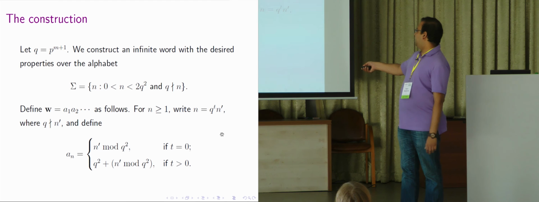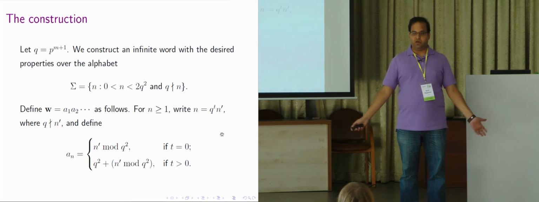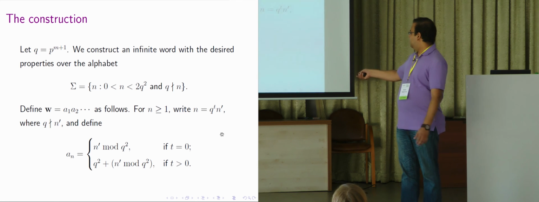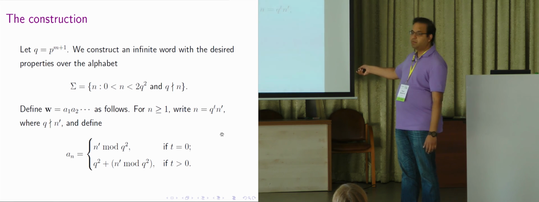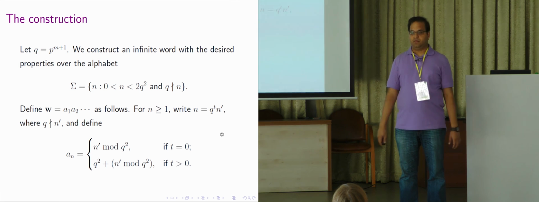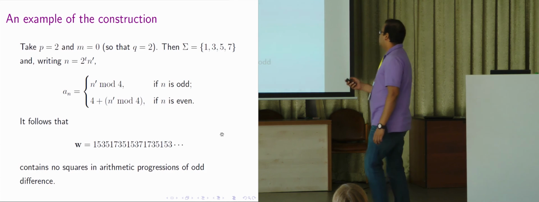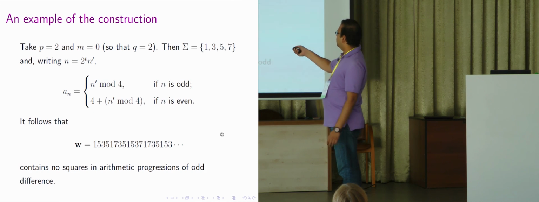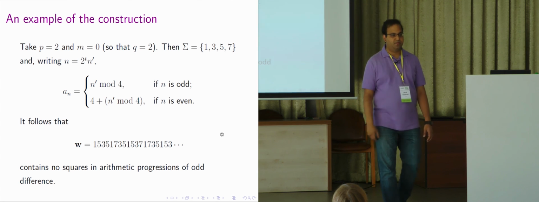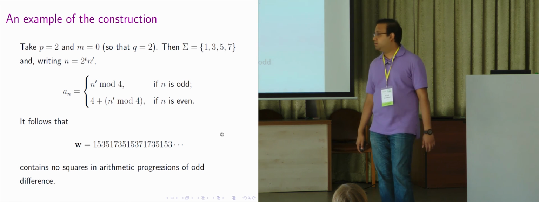If n is not divisible by q, we just take n mod q squared. If n is divisible by q, then we take n prime mod q squared, and then we shift by q squared. So that's the construction. This is what it looks like when m is 0 and p is 2. We get this sequence over the alphabet 1, 3, 5, and 7.